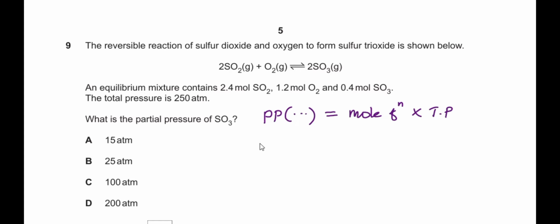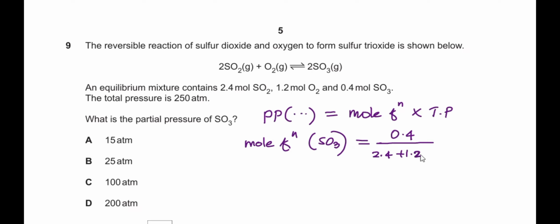Let us first figure out the mole fraction of sulfur trioxide. That's equal to the number of moles of sulfur trioxide at equilibrium, which is 0.4 moles, upon the total number of moles in the mixture, that is 2.4 moles plus 1.2 plus 0.4, and that's equal to 0.4 divided by 4.